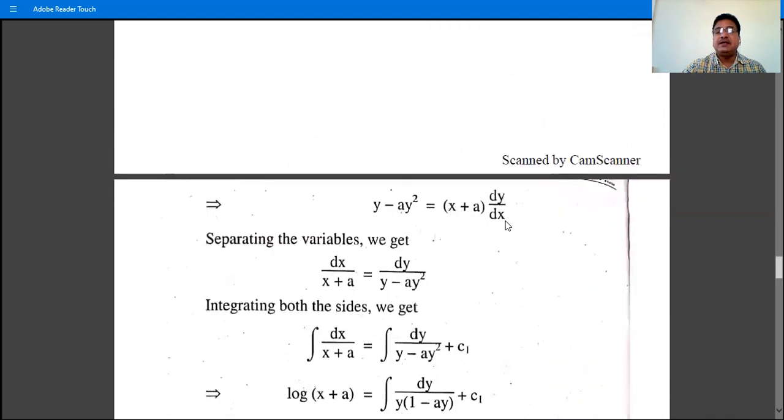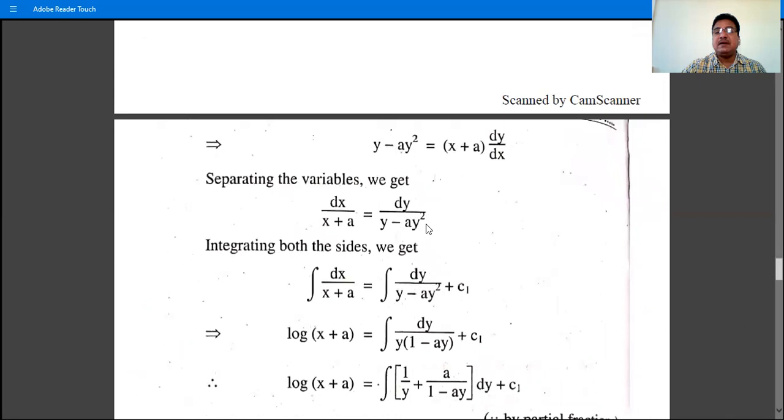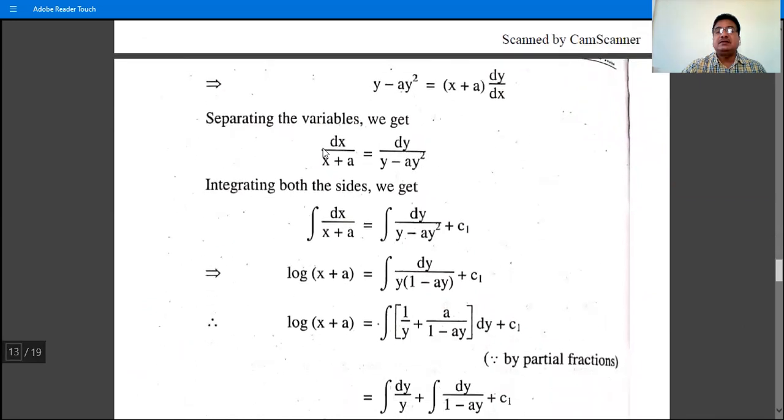Then take dy by dx as common, and then separate the variables. So shift this dx to the LHS, and x plus a to the LHS. So it becomes 1 by (x plus a) dx, and this becomes 1 by (y minus a y square) dy. So this is now in the variable separable form.